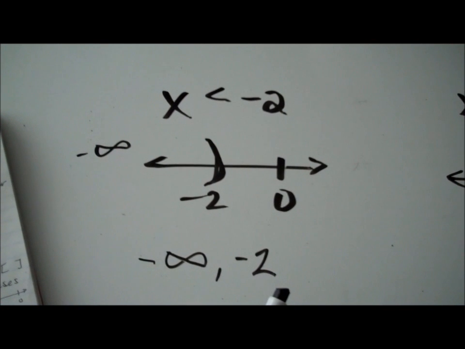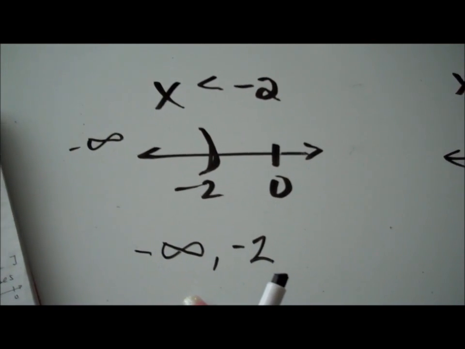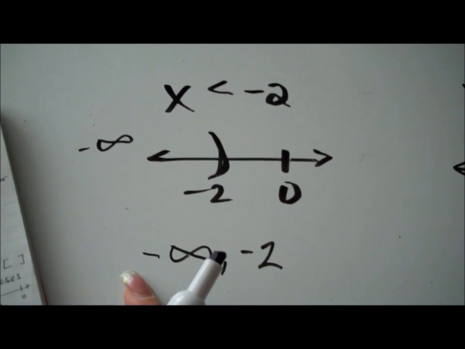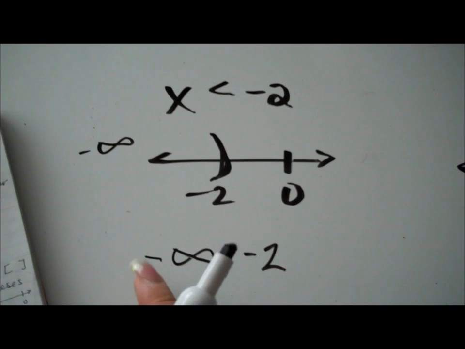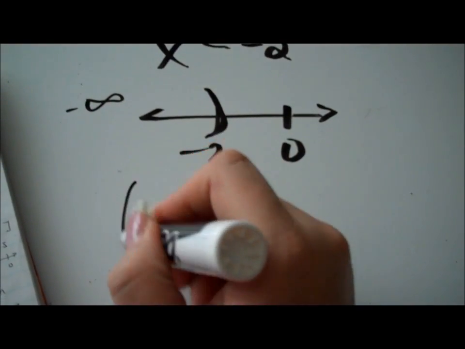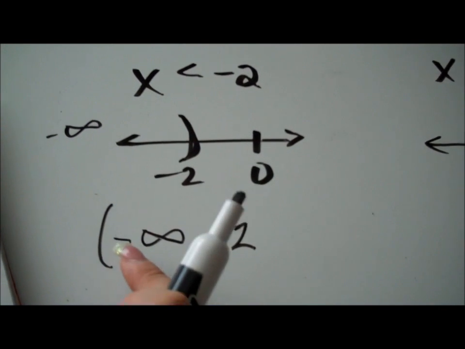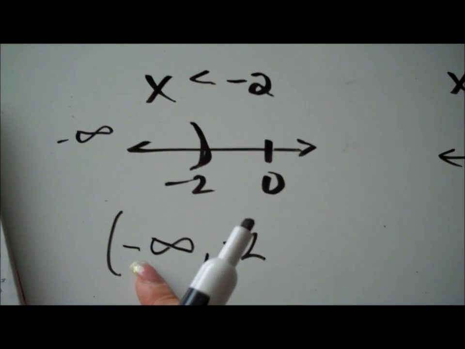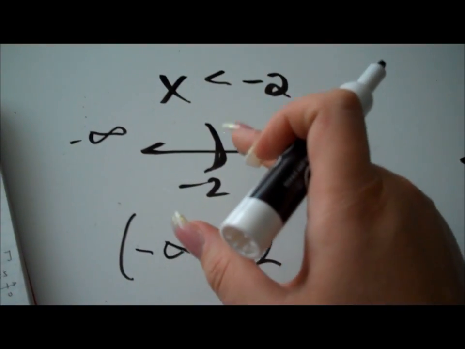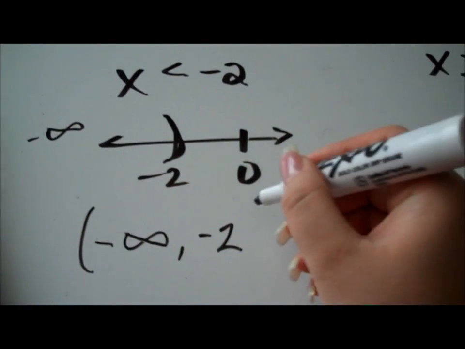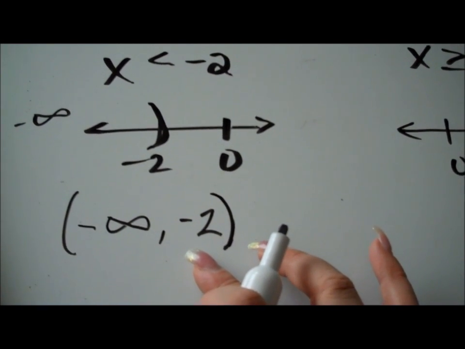Now, either you're going to use parentheses or brackets, or a combination of the two. Because infinity is never ending and will never stop, we have to use parentheses on this side. You should never have a bracket next to an infinity symbol. Here, we would use a parenthesis because we don't want to include negative 2, we're just up to negative 2.